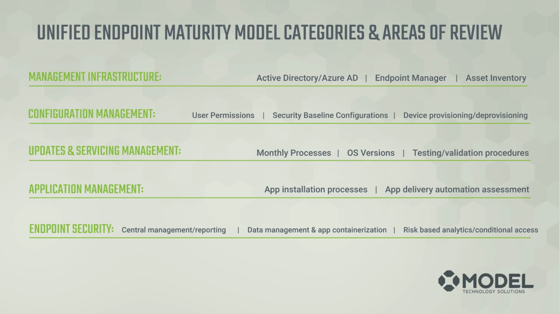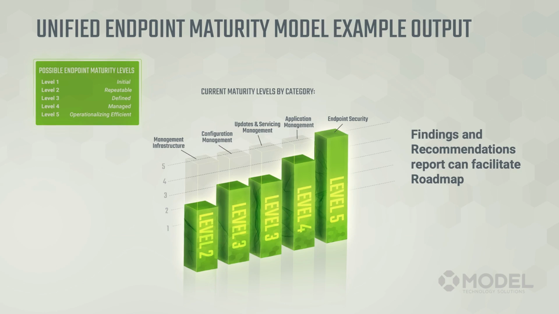And then finally, the category we're going to spend the most time in today, endpoint security. So having central management and reporting, data management and app containerization, things like risk-based conditional access policies. We're going to get into some of that today.